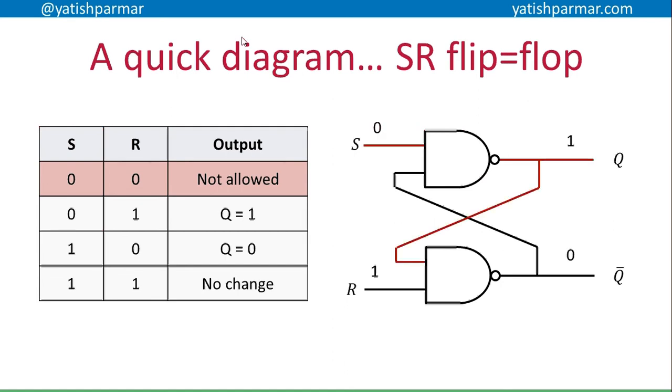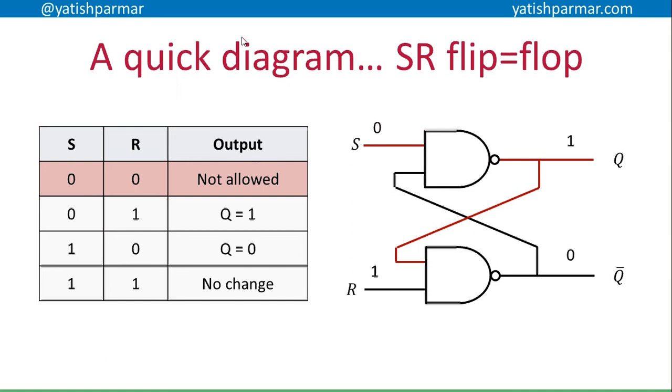Now what happens if we apply a pulse at S? We apply a low pulse. Now a 0 and a 0 from Q bar going into the top logic gate, 0 and 0 in a NAND gives us a 1 as an output at Q. So you can see that by pulsing set, we've set the output to 1.